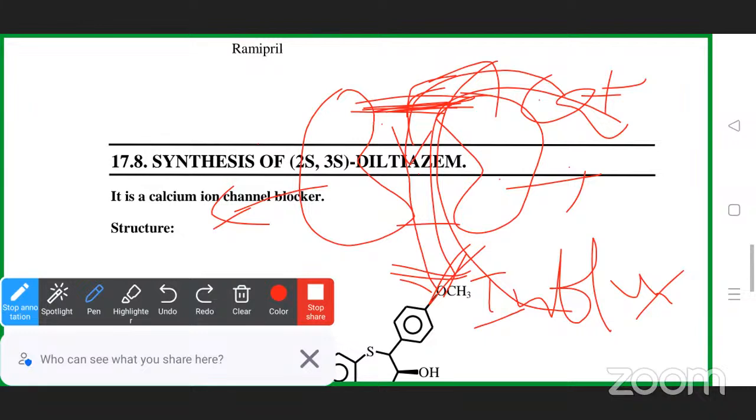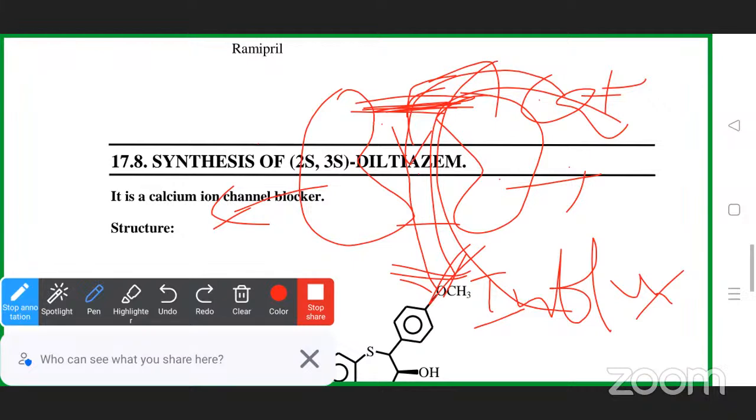Generally, we call that high BP, high blood pressure. The development of high BP is hypertension.